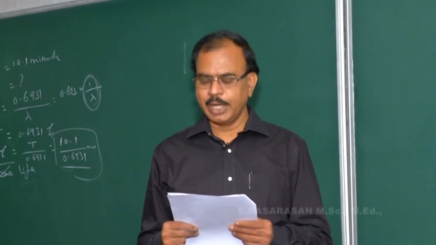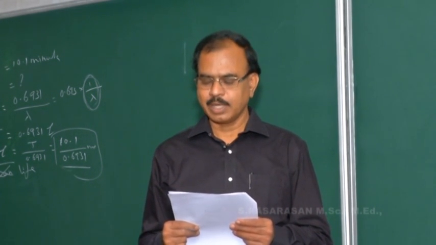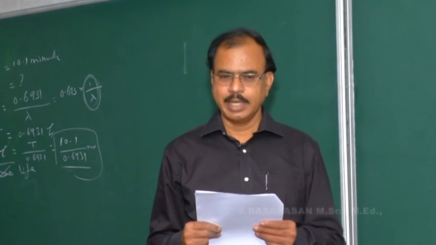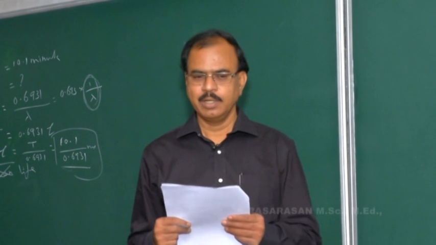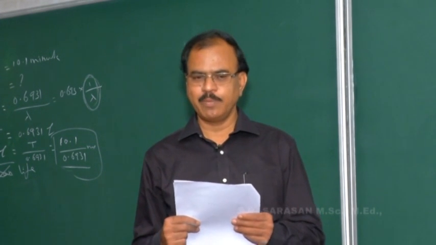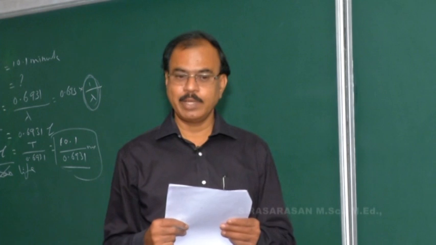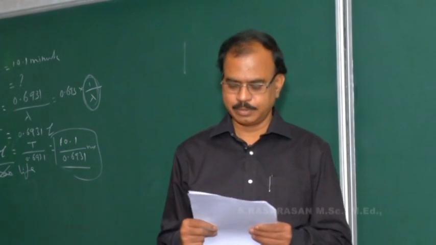It is a unit of mass of atomic particles like electron, proton, neutron, nucleus, any other atomic particles. The mass is measured in terms of AMU, not in kilogram, even though kilogram is the correct unit.